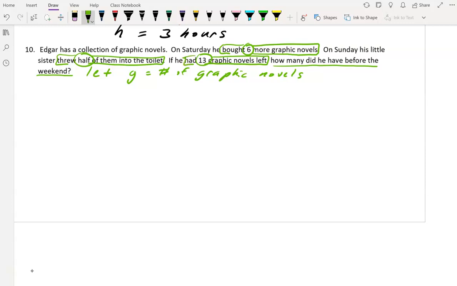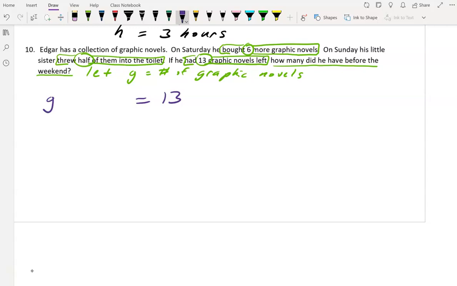So, this will be a challenging one to write the equation for. What's our total? Well, our total is how many he had left, which in this case is 13. 13 graphic novels left. Let's see, how many did he have before the weekend? Well, we're going to use G to represent that.